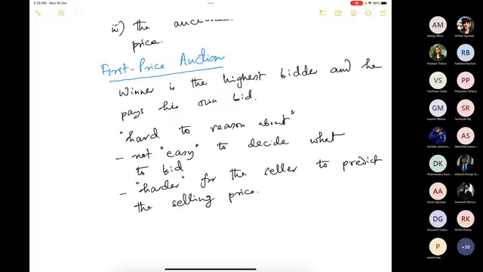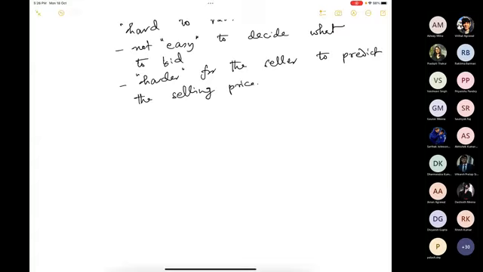Okay, so let's see another auction, and we'll see that it has all these good properties. It does not have these bad properties, and that is called the second price auction, also called the Vickrey auction after the name of the inventor.